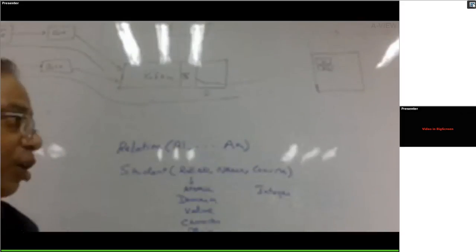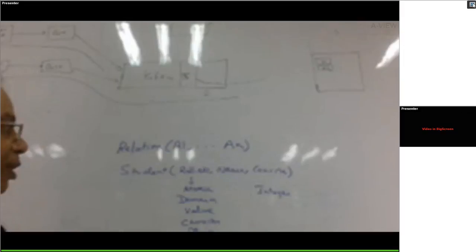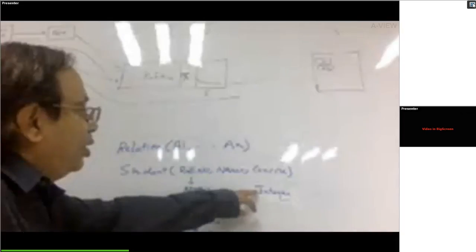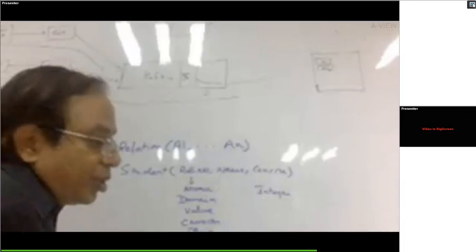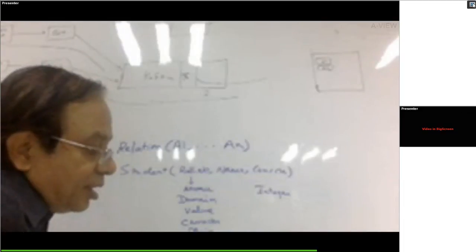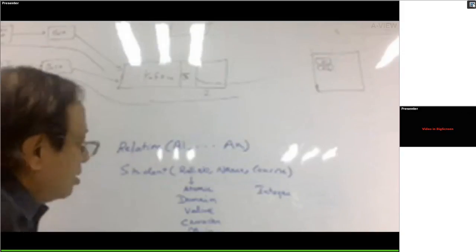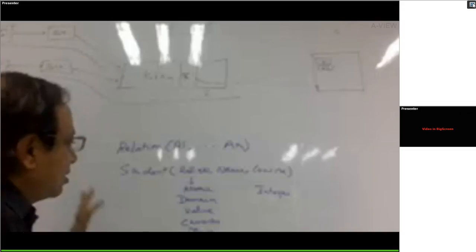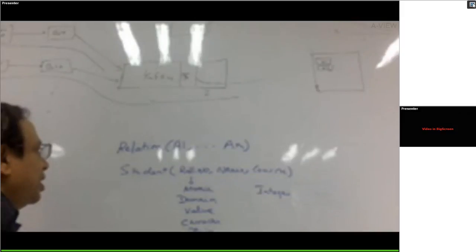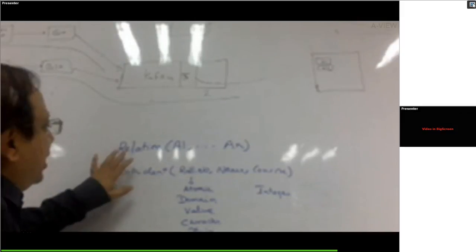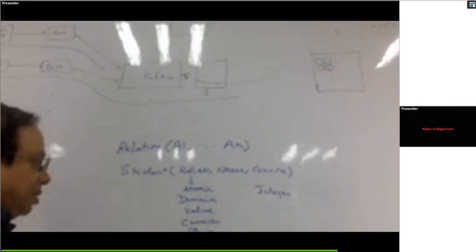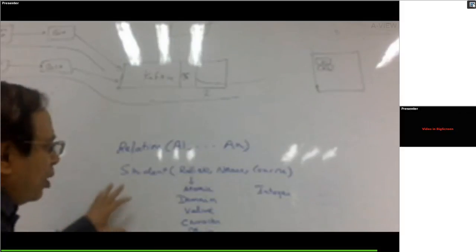A course number is an integer. So you will define a domain of values that each of these attributes is going to take. In a simple sense, in a relational model, the relation is nothing but a name with a set of attributes.